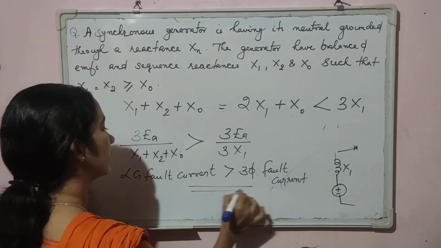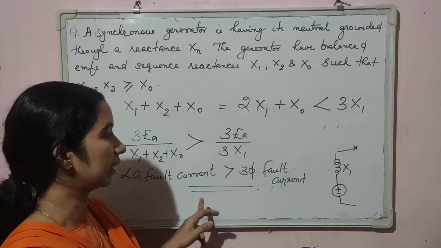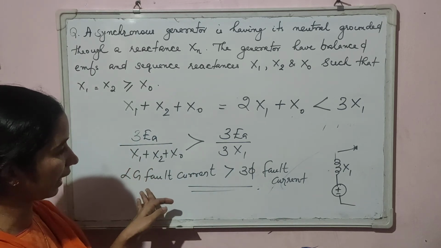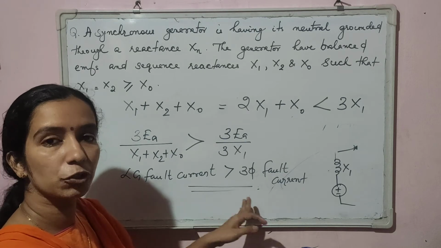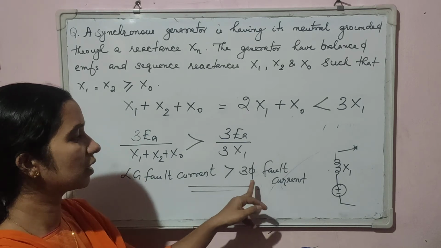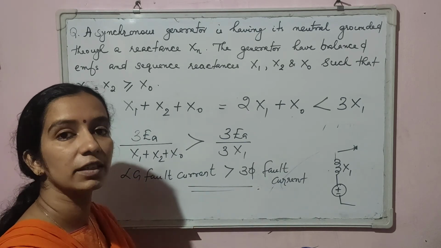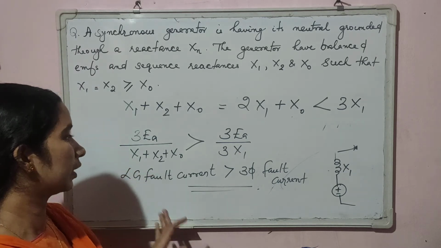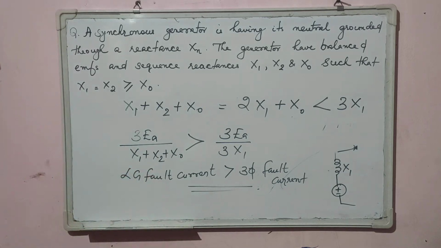So we have got the required condition. We were asked to show that the LG fault current is more than the three-phase fault current when the neutral is solidly grounded, and we have proved the required condition.